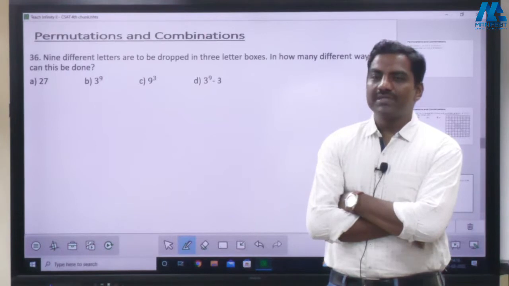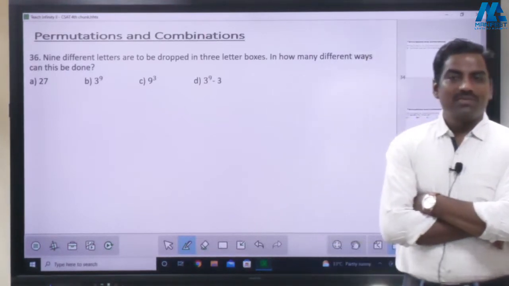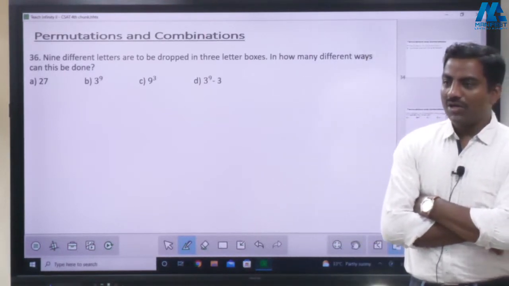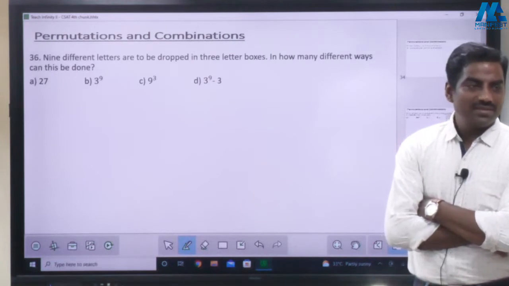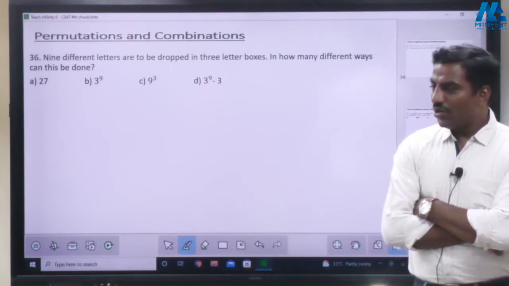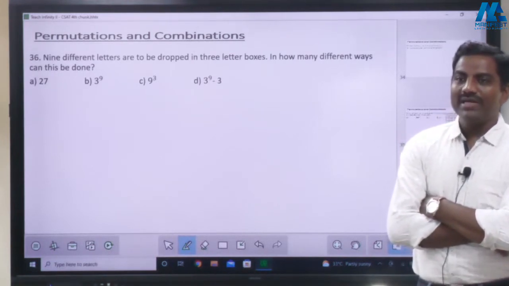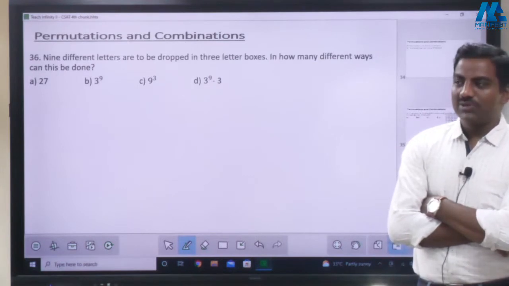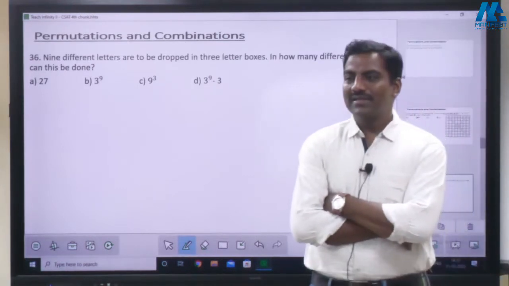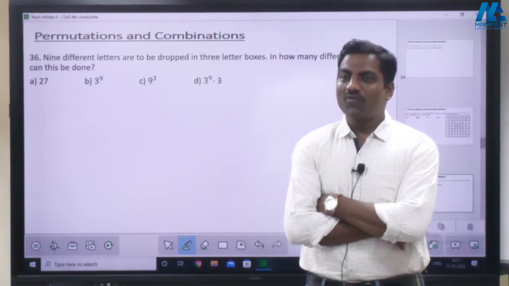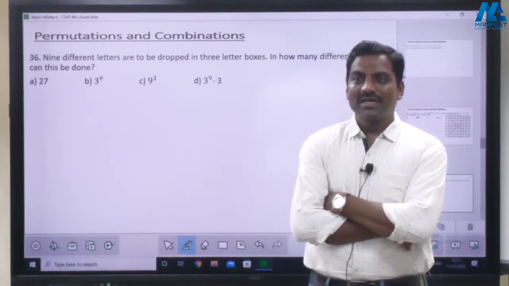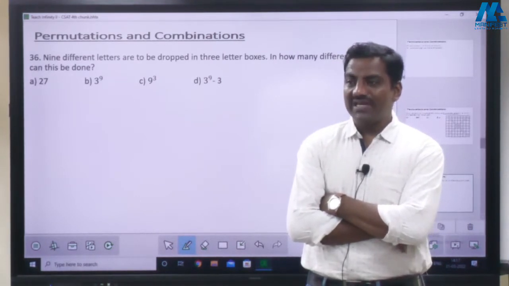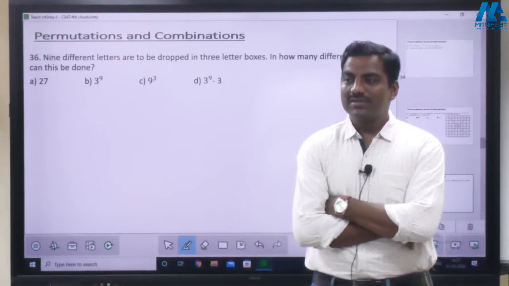Okay, let's say, have you seen the number lock? 3-digit number lock? Yes? 3-digit number lock you have seen, no? How many ways you can try a password? Definitely you have forgotten many a times. How many trials you have to make to get the password?